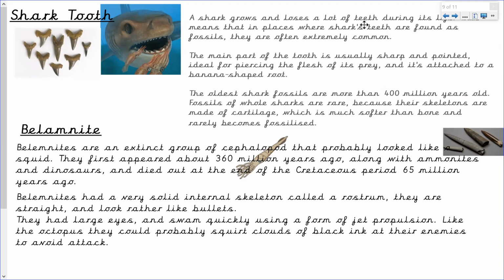Belemnites had a very solid internal skeleton called a rostrum. They are straight and look rather like bullets. They had large eyes and swam quickly, using a form of jet propulsion. Like the octopus, they could probably squirt clouds of black ink at their enemies to avoid attack.